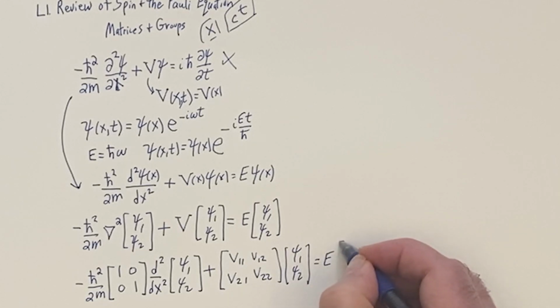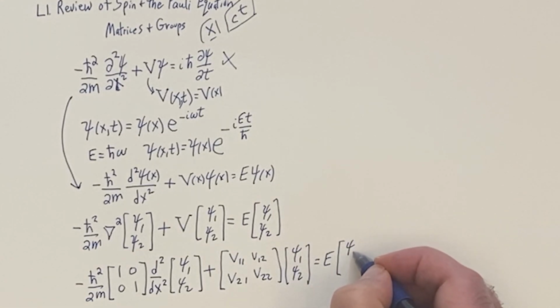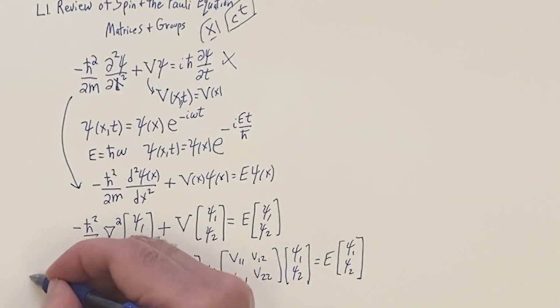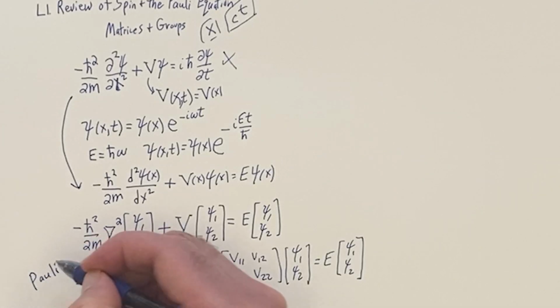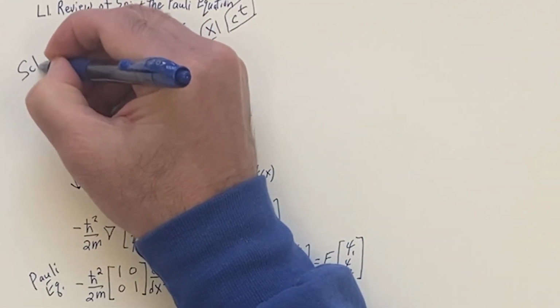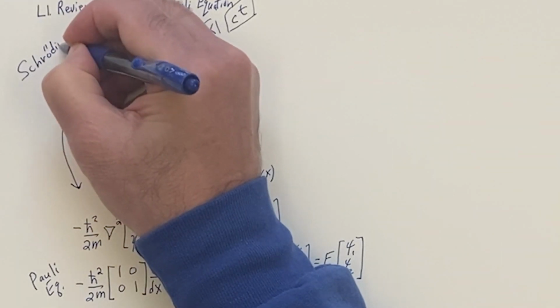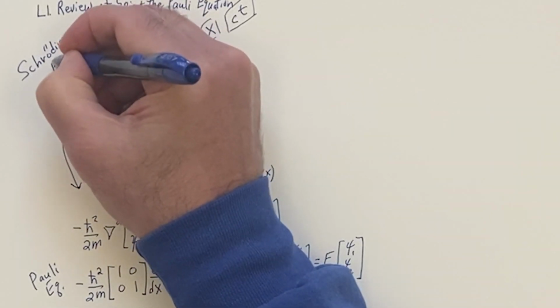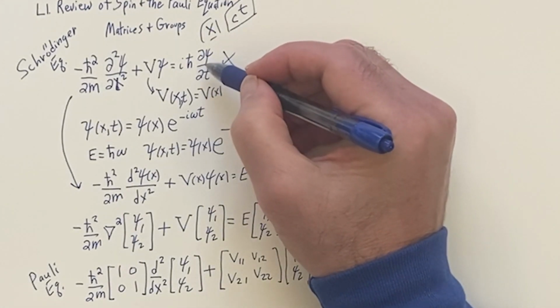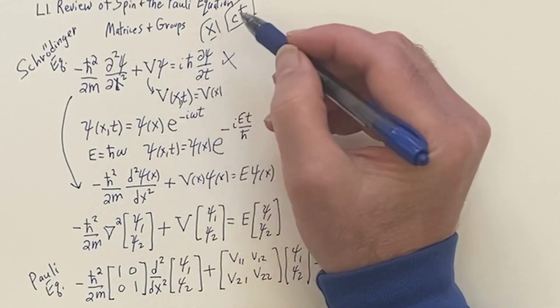And the eigenvalue problem, where you have the eigenvalue, the energy, and the eigenvector would be what you're solving for. So that would be the Pauli equation. And this one up here, Schrodinger equation.